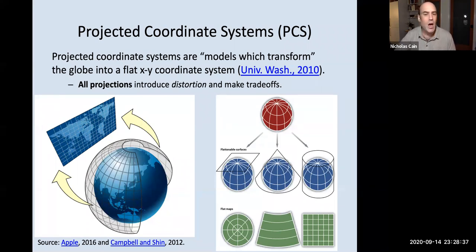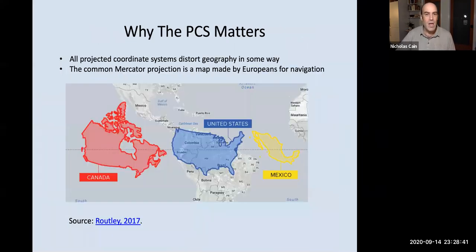So you may think, okay, cool graphics, what does it matter to me? The reason why PCS matters is because all systems distort geography in some ways. So the common Mercator projection is a map made by early Europeans for navigation. And thus it tends to distort countries that are far from the equator quite a bit in terms of their actual size versus how they're depicted on the map.